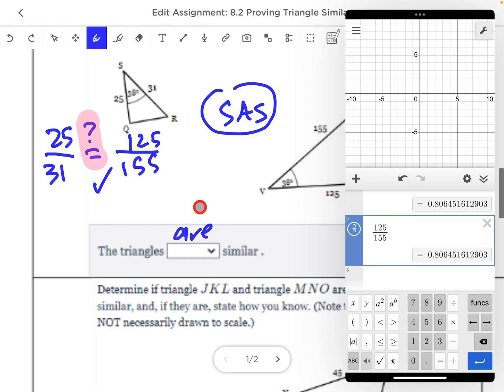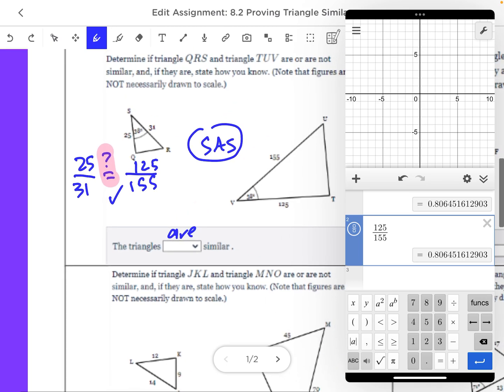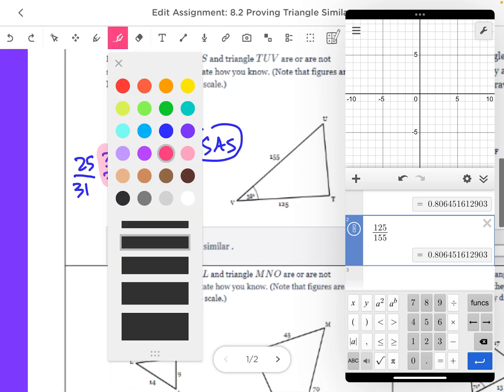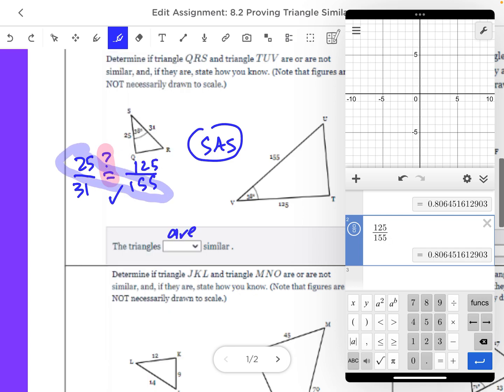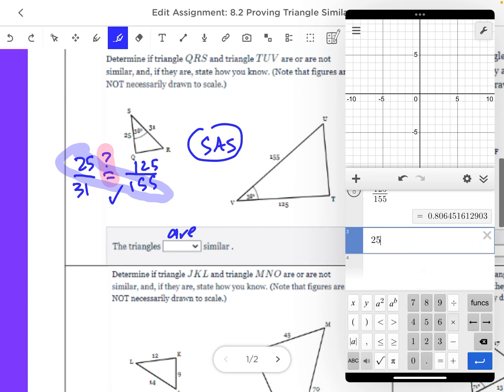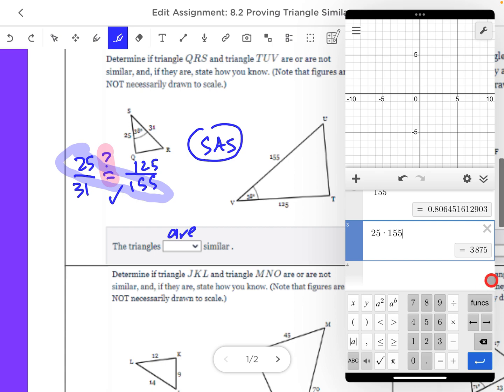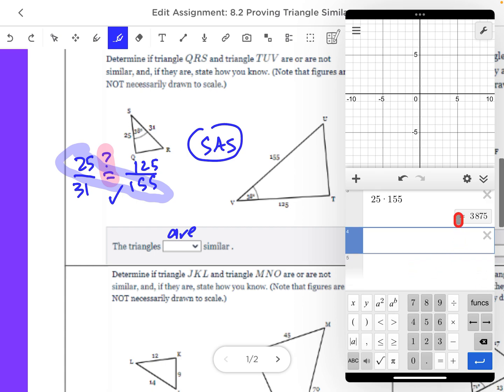Now a different way we could have done it is to cross multiply, just like we did last time. So we'd say this times that, 25 times 155. Let's put those into our calculator. 25 times 155 is equal to that. Let's see if that's equal to this times this, 31 times 125.